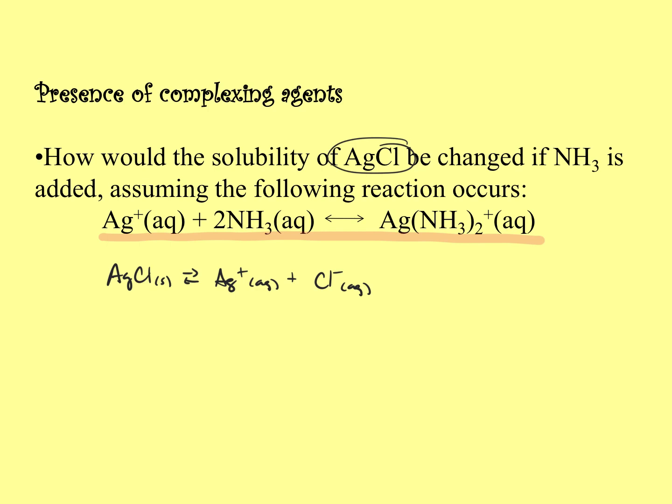So in the case of this one, we would say that adding NH3 to this solubility equilibrium will cause Ag plus to decrease. Equilibrium will shift to product, and once more, solubility will increase.